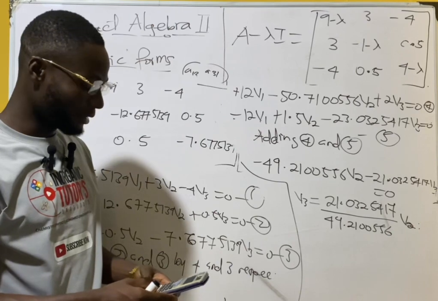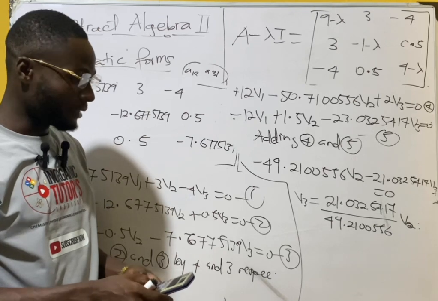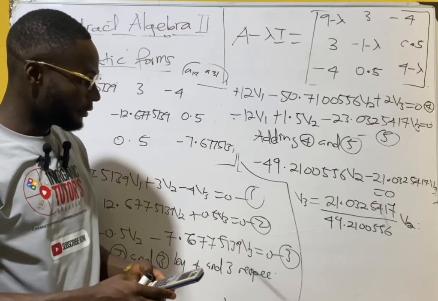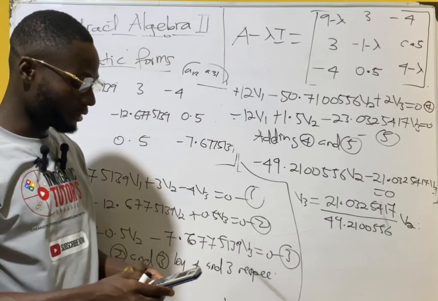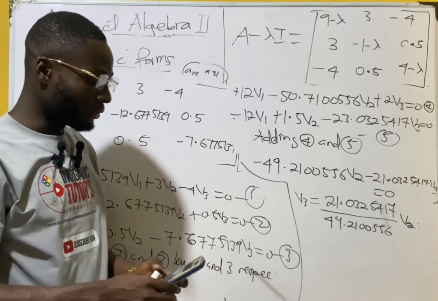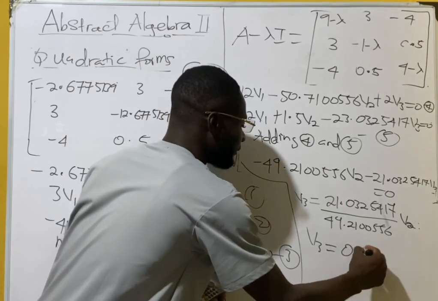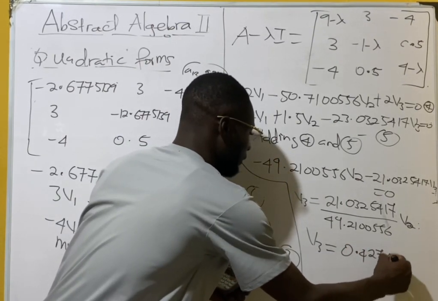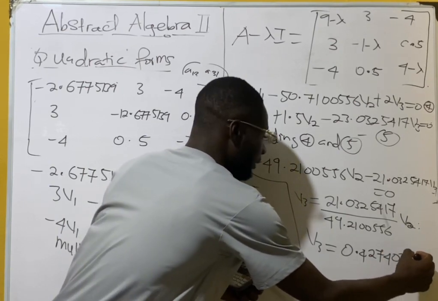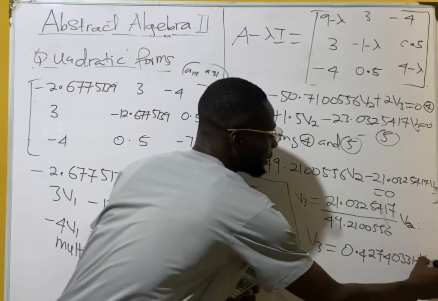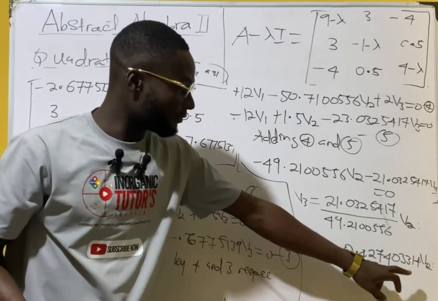So 21.0325417 divided by negative, divided by, that will be positive, right? Divided by 49.2100556. We're going to have V3 equal to 0.42740331 V2, right? So this is what we have, an expression in terms of V2.